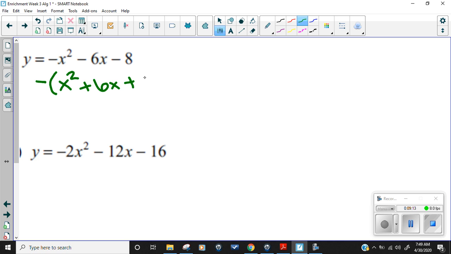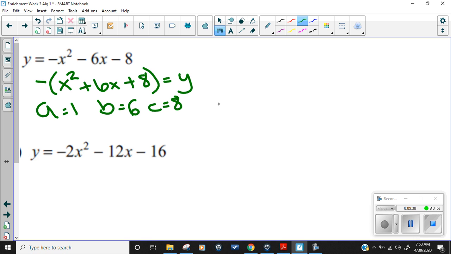Take out a negative, this is a positive 8. Now, my A is 1. B is 6. And C is 8.